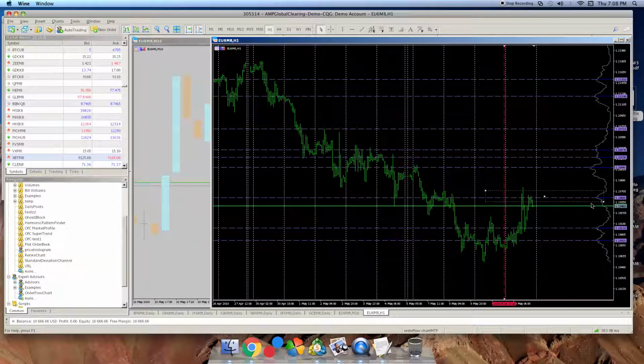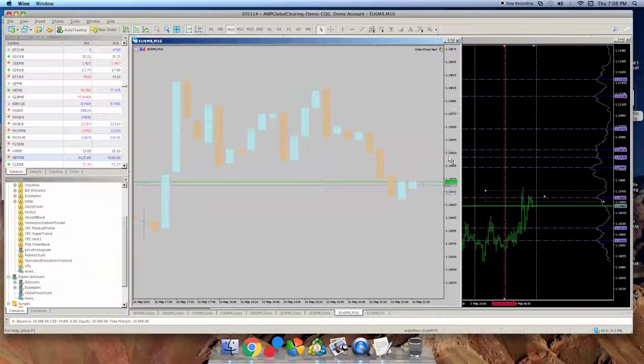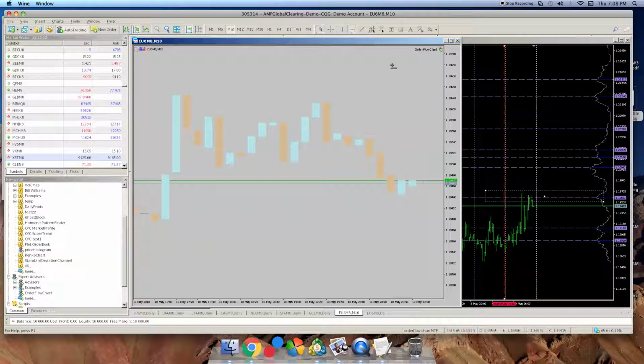So we are going to draw that line on Euro future 10 minutes, at 1960. So we placed 1960 on the chart.